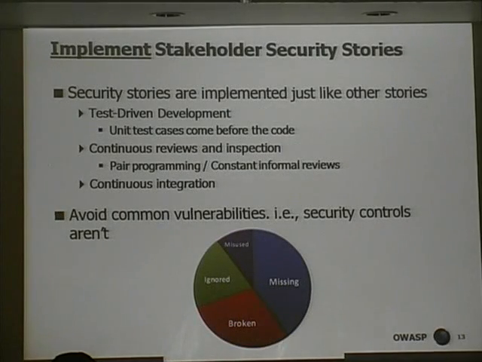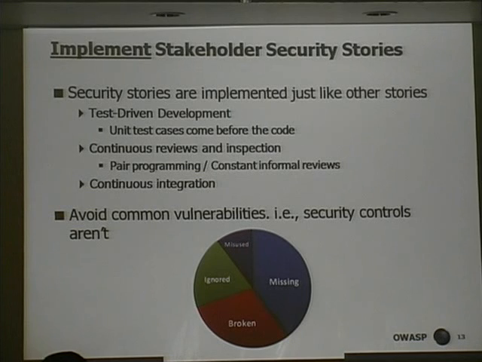So by implementing these security stories with test-driven development, we can try to avoid the common problems that we're seeing. This chart is the same chart that Jeff used yesterday in the SAPI project. We're trying to avoid missing security controls, broken controls, controls that are ignored, and controls that are not used right.